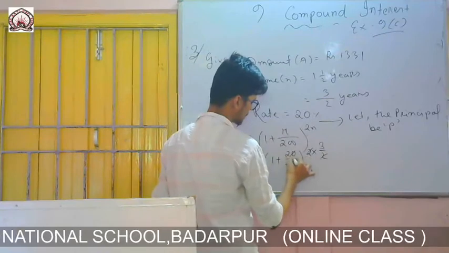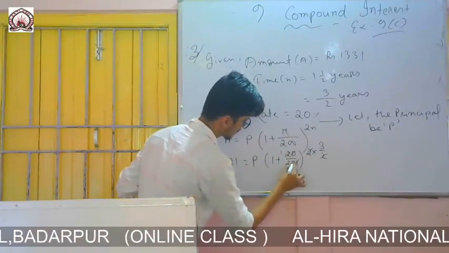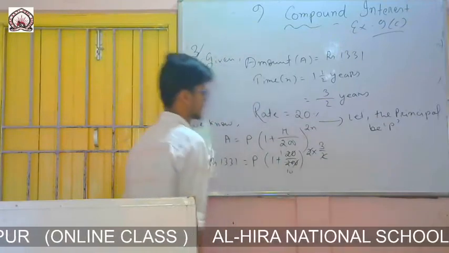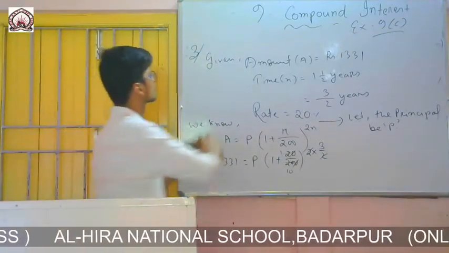There also I can cancel 1 0 and 1 0, and there are 2 and 20. I cancelled it so that I can do it more easily.